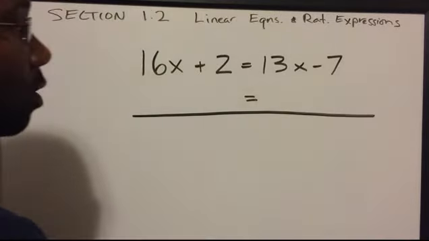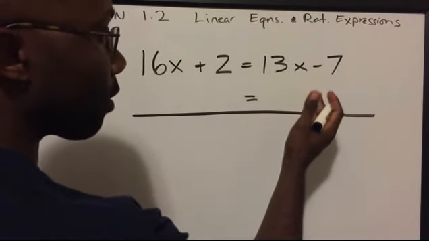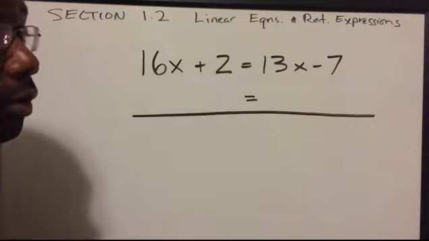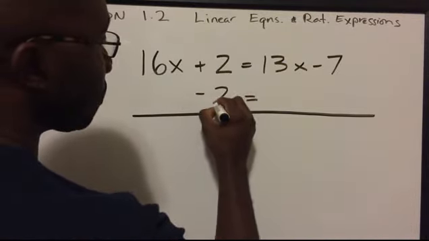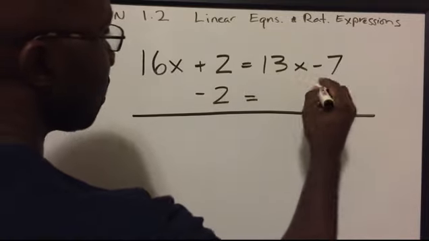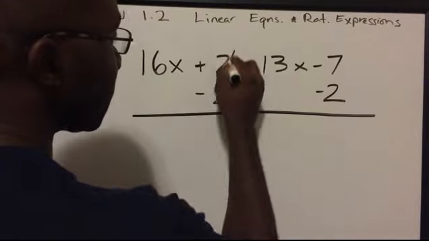Now, we want to cancel out the 16x, the 2, or the 13x, and the 7. In order to do that, whatever we do on one side, we also must do on the other. So let's start with 2 first. In order to cancel this 2 out, this has to be a negative 2. If it's a negative 2 here, well, it has to be a negative 2 here as well. Then this cancels out.